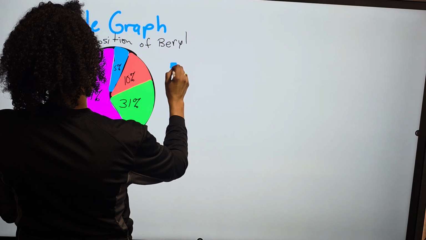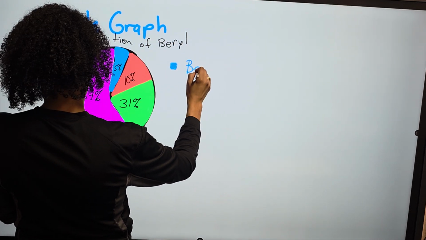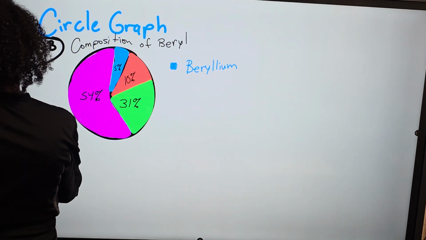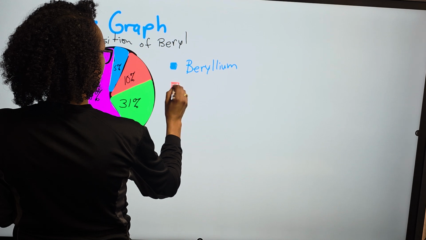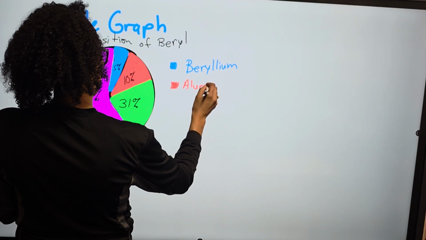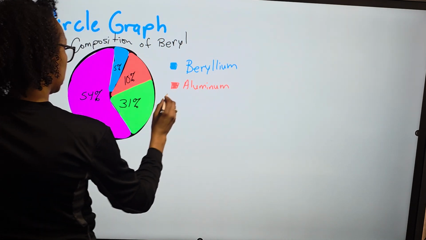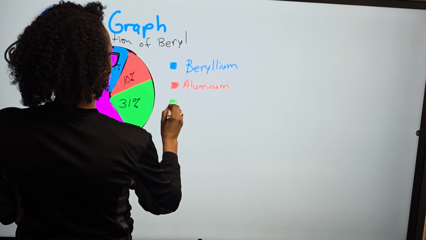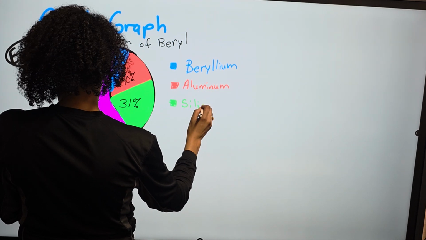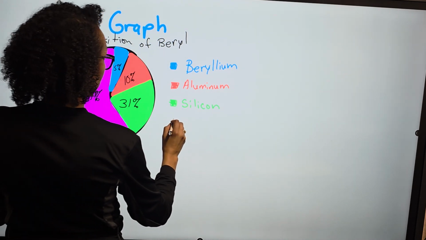The blue section is beryllium. The red section is aluminum. The green section is silicon. And the purple section is oxygen.